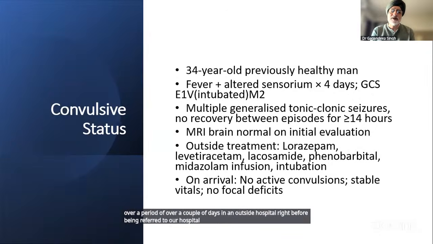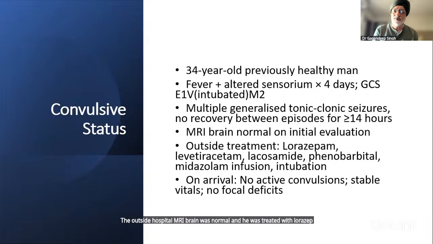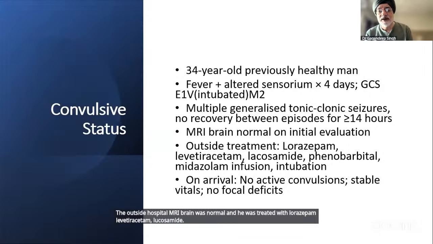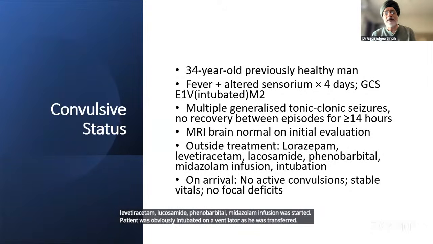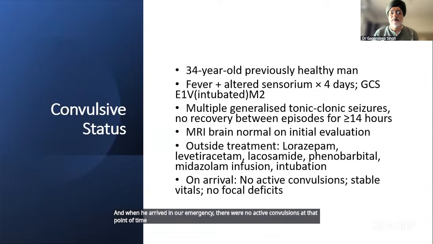The outside hospital MRI brain was normal, and he was treated with lorazepam, levetiracetam, lacosamide, phenobarbital. Midazolam infusion was started. Patient was intubated on a ventilator as he was transferred. When he arrived in our emergency, there were no active convulsions at that point of time. His vitals were probably stable, and there were no focal neurological deficits, right?